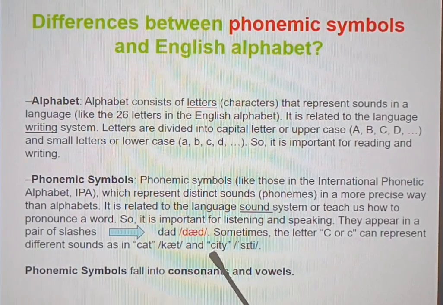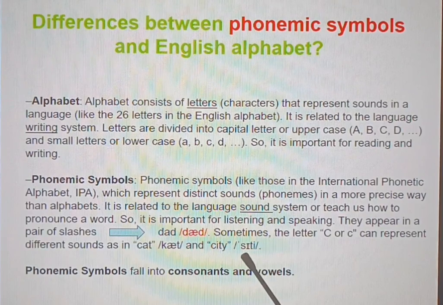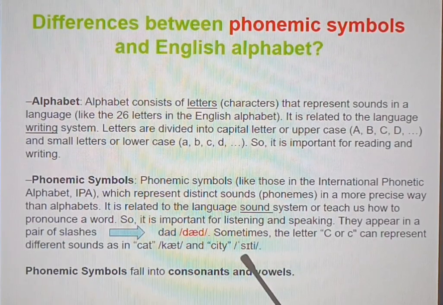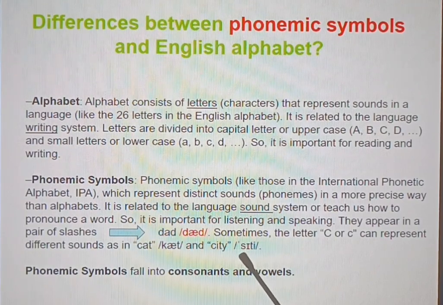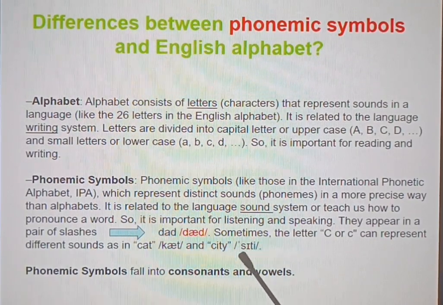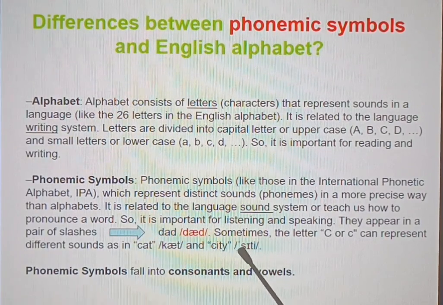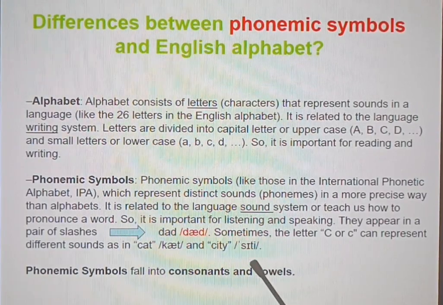It starts with a small letter C, but it is pronounced with an S sound, like city. This is how we write them. And can you see this accent mark before the S? This represents a diacritic mark, which we call accent. Wherever it goes, we pronounce that syllable a little more strongly than the other syllables, okay?